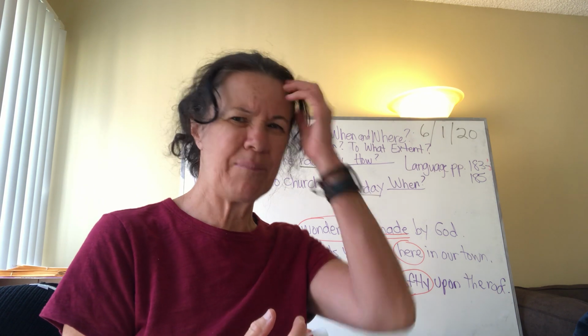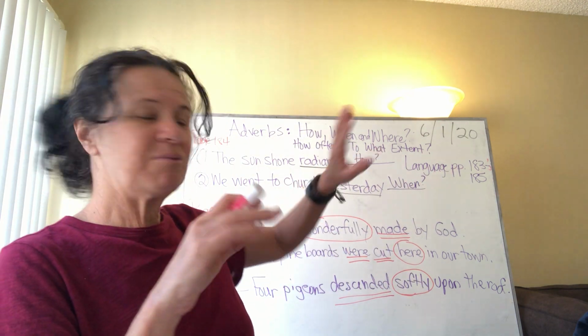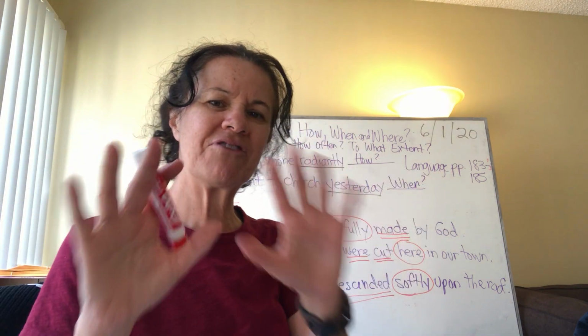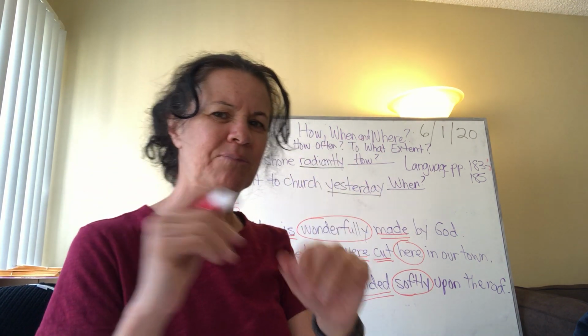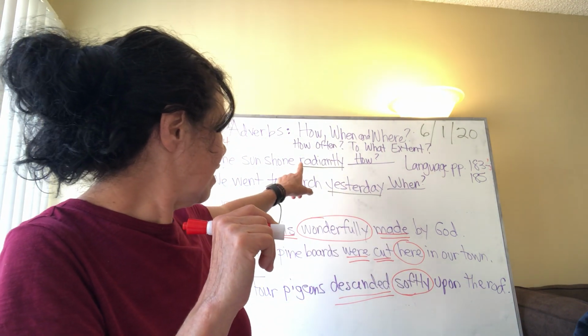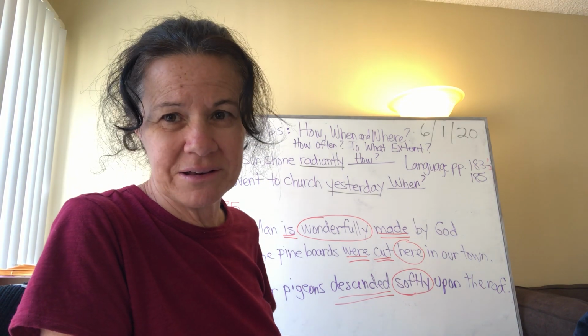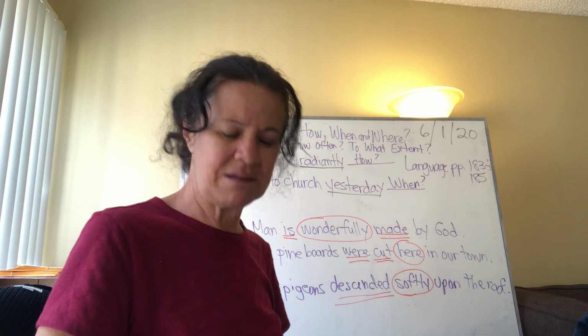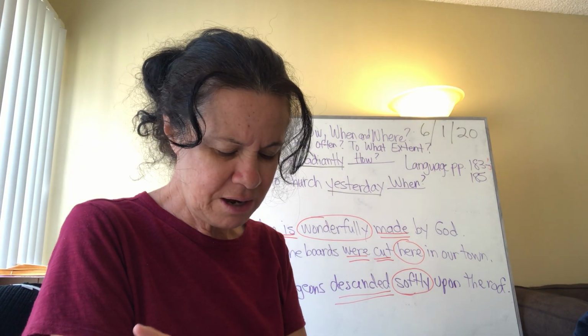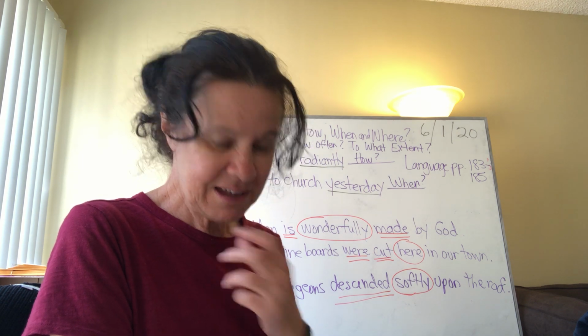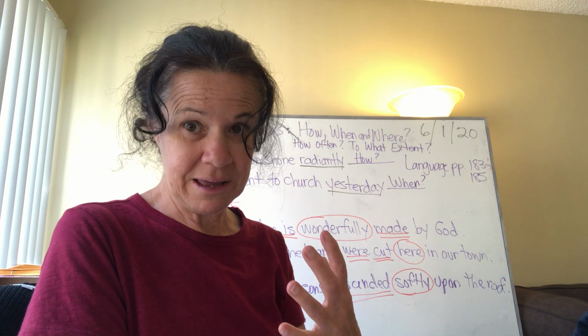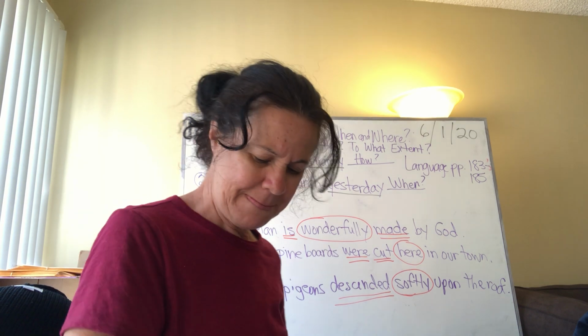That's a really good example because, like I said, to what extent and how often can both kind of fit, but greatly could not fit with how often. How often greatly? No, that doesn't make sense. But it could fit with, obviously, to what extent. Greatly. Okay?